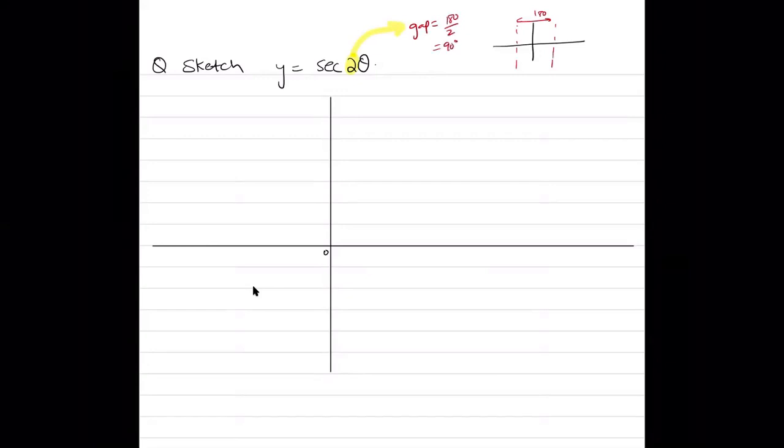So if the basic secant theta graph had an asymptote at minus 90 and 90 to maintain a distance of 180 degrees, then to have a gap of 90 degrees between the asymptotes, where should the two asymptotes be positioned?